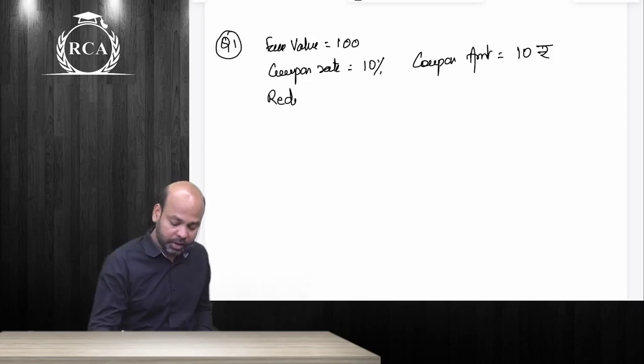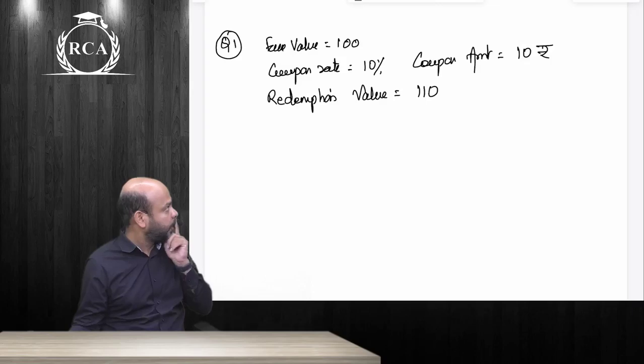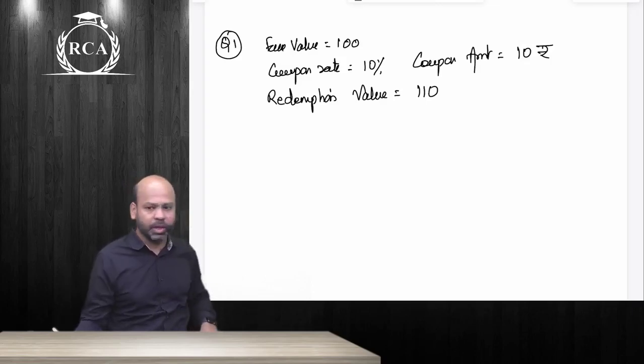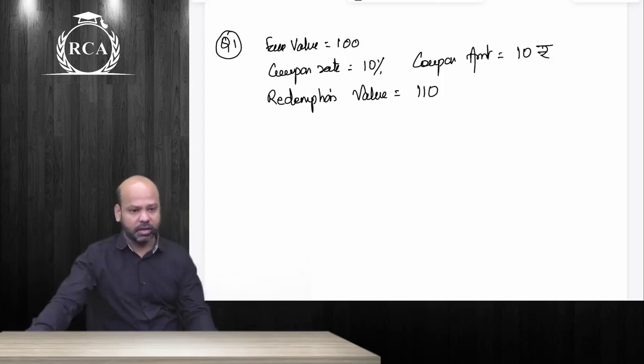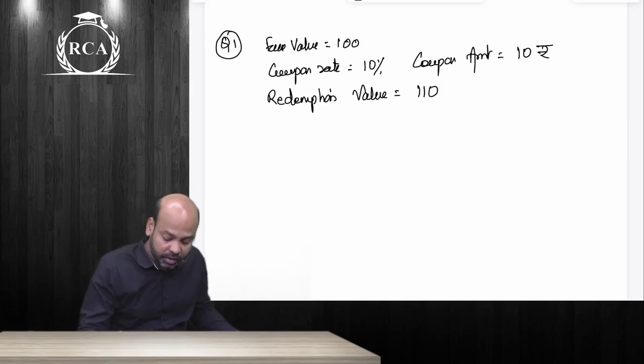Redemption value beta is 110 rupees. Face value 100, coupon rate 10%, coupon amount 10 rupees. Redemption value is 110. Arrive at the return values better.